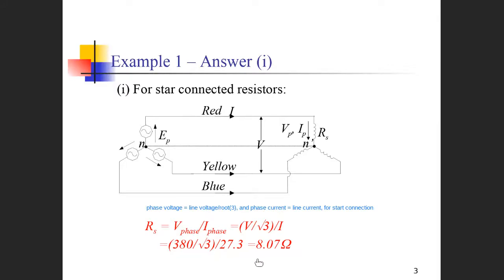Therefore, we can easily find that the per-phase star equivalent resistance required is 8.07 ohms.